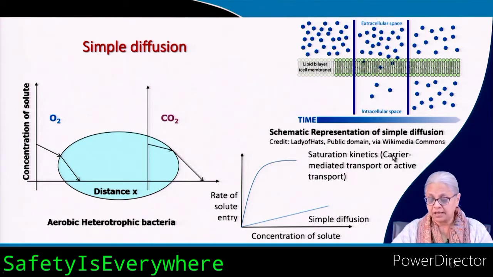And when you have carrier mediated, carrier meaning proteins, the transmembrane proteins are the carriers, and this carrier mediated transport or active transport will allow a much higher rate of solute entry. So the solute, which may be glucose or any other organic molecule, will have a very high rate of solute entry. So this is the graph that you're likely to see. And this is saturation kinetics.